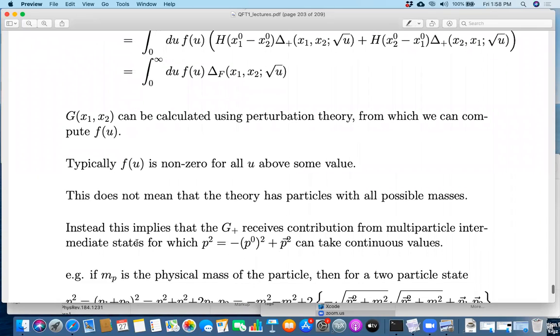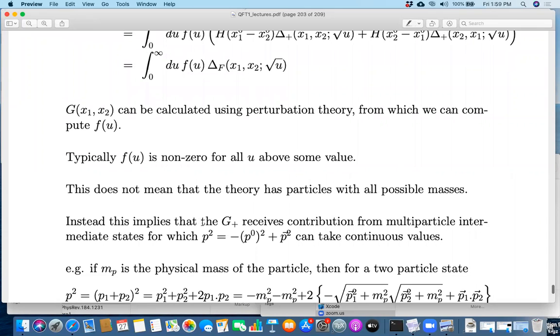Multi-particle intermediate states have the property that p square can take continuous values. And that's what we are really saying here. The fact that it looks like we have continuous masses, or continuous p square values, where a single particle state has p square equal to minus m_p square, is because G plus has contribution from multi-particle intermediate states.